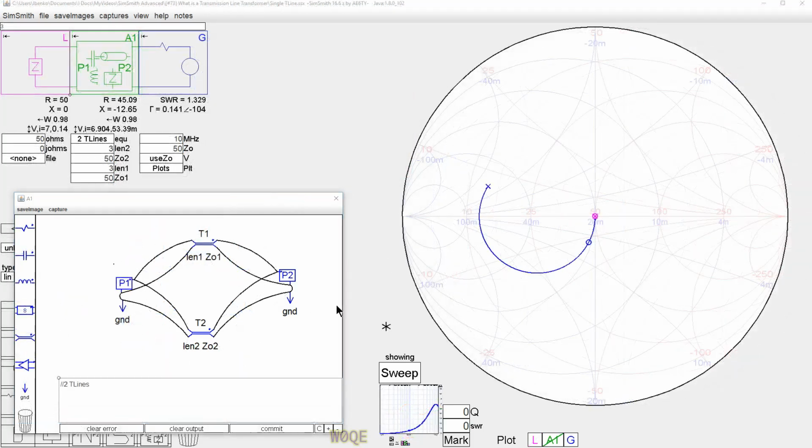And real quickly, if we look at two transmission lines driven in parallel and the output in parallel, they act as a single transmission line of a different impedance, provided they have the same electrical length. Let's look at that for a moment. There are two transmission lines, both 50 ohms apiece, both 3 feet long, and I see a plot on the Smith chart looking like this.